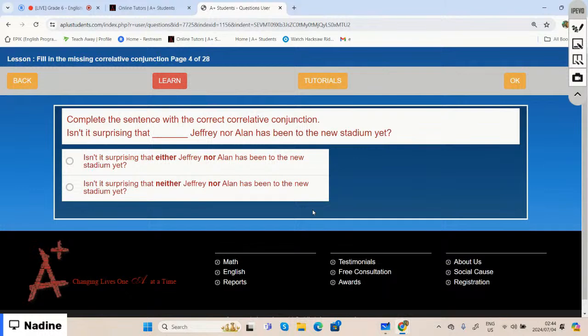Isn't it surprising that... do we say either Jeffrey nor Ellen has been to the new stadium yet? Or do we say neither Jeffrey nor Ellen has been to the new stadium yet?